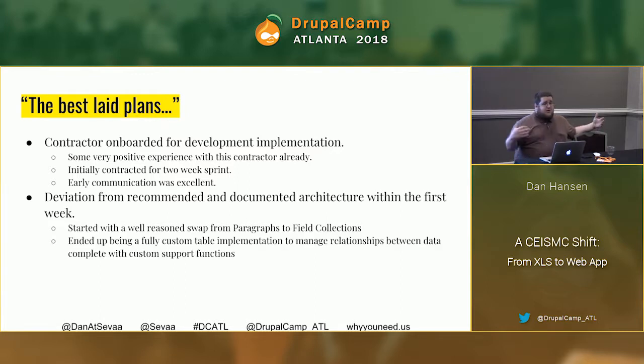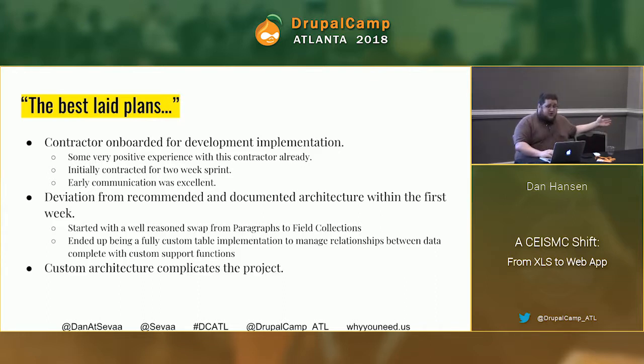But then it ended up becoming, it bloated. And the changes that ended up happening to the data model and the original plan ended up being a fully customized table implementation that did its own free-range thing with how relationships between projects, the main project node and the component project nodes were related, with a whole set of custom functions that were built around it.